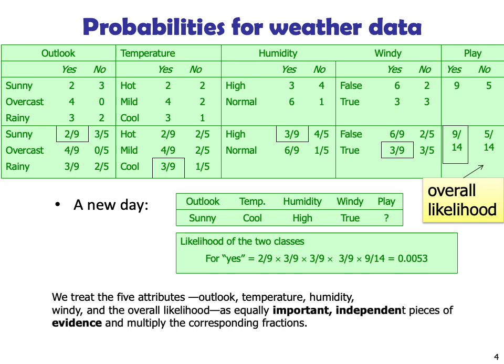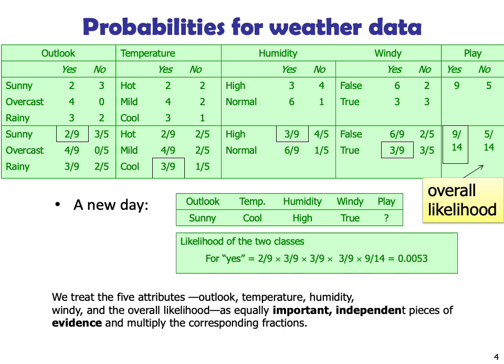So for outlook equals sunny and yes, what was the probability? 2/9. For humidity high and class yes, what was the probability? 3/9. And then temperature cool, 3/9. Humidity high, 3/9. Windy true, 3/9.